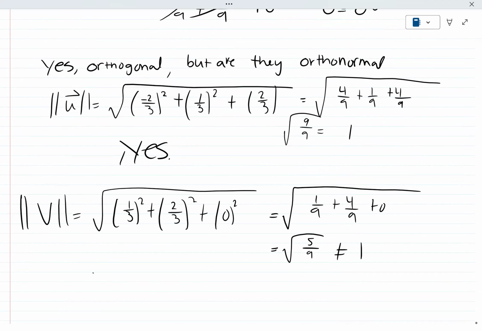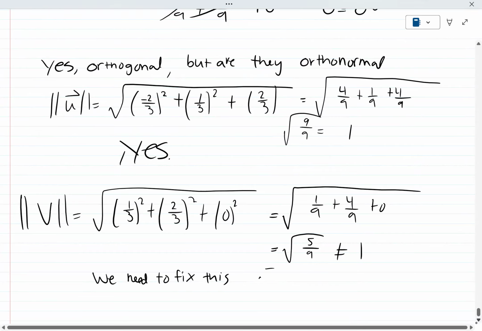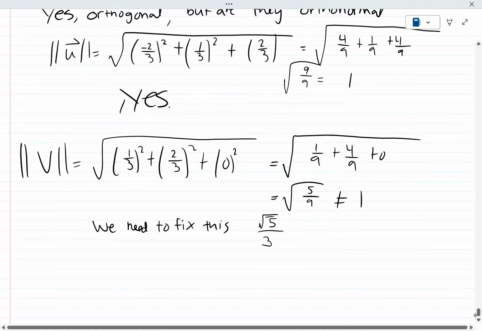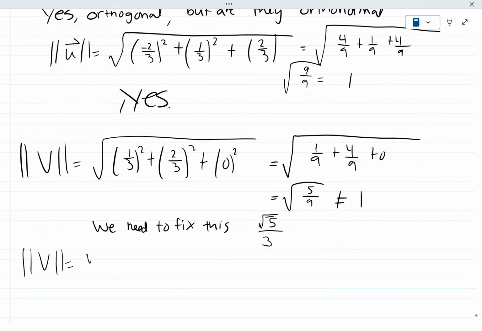So we need to fix this. How do we make this orthonormal? The square root of 5/9 is the same thing as the square root of 5 over 3. So the magnitude of v is the square root of 5 over 3.